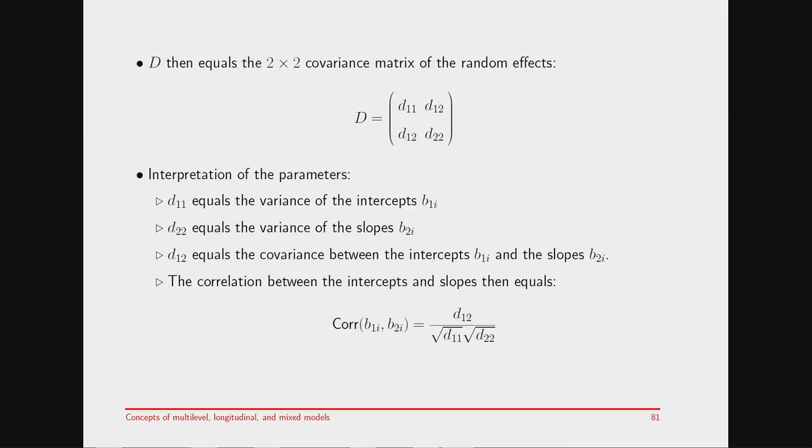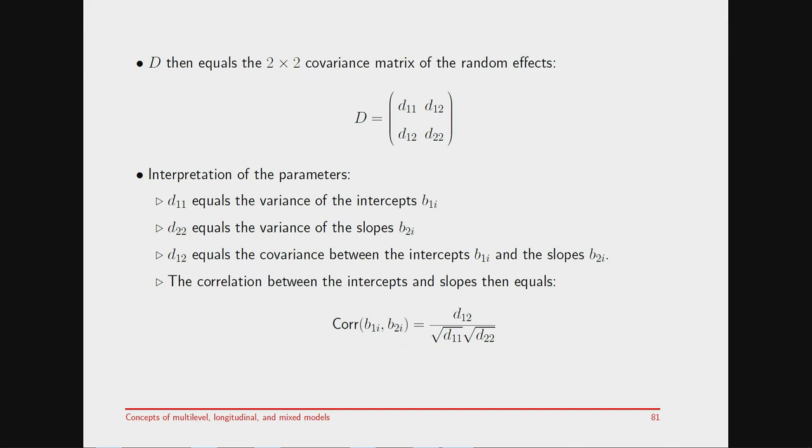And the D matrix is just a 2x2 covariance matrix. In the earlier notation, D11 was sigma squared child. That was the variability in the intercepts, so the variability in the child effect. And now, because we will have two random effects per child, we will denote them by D11 and D22.